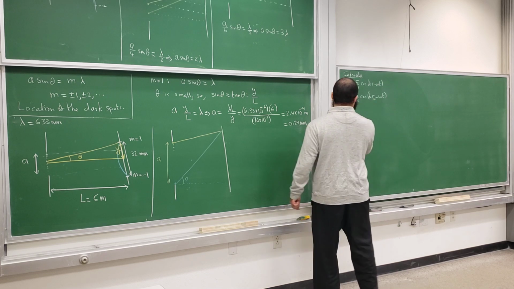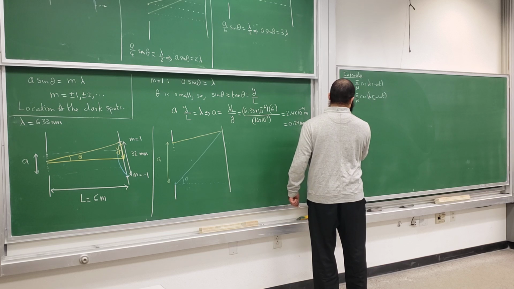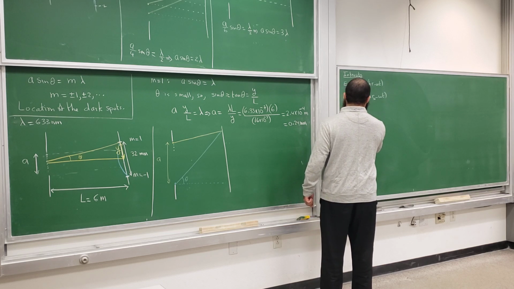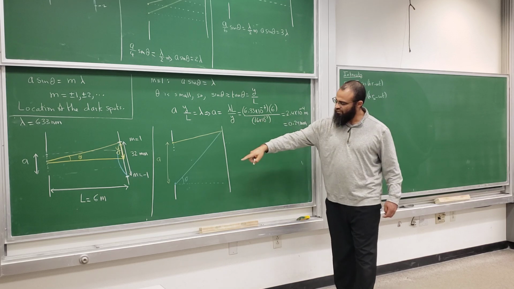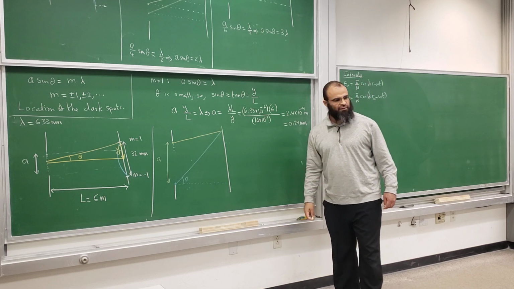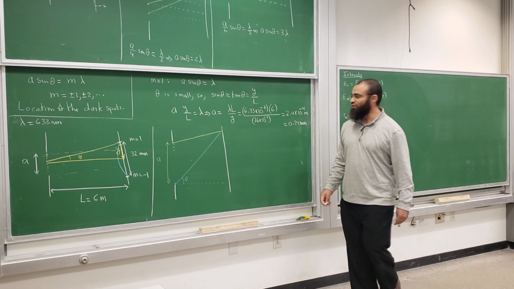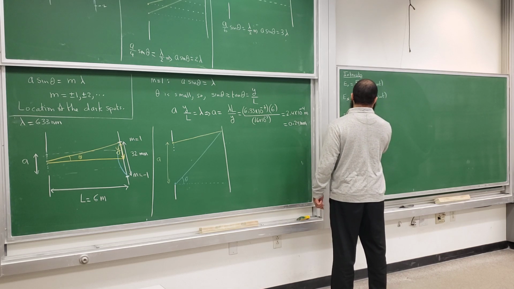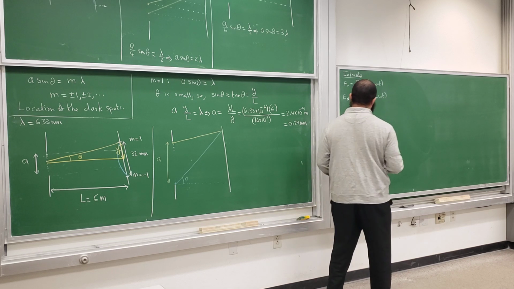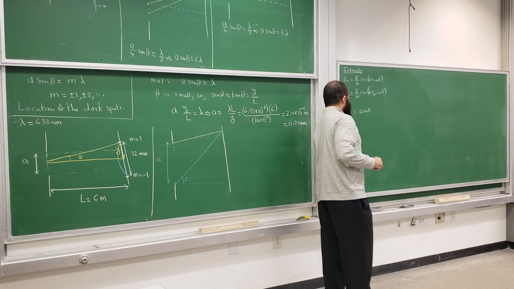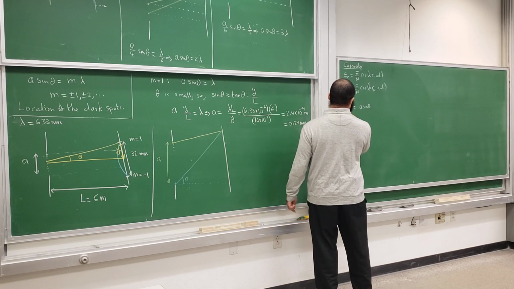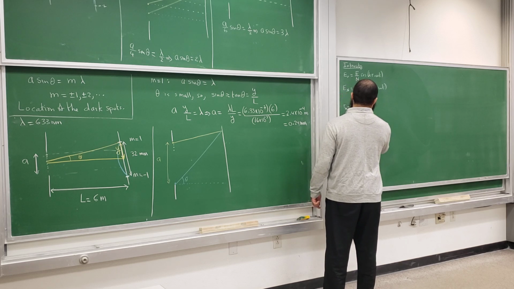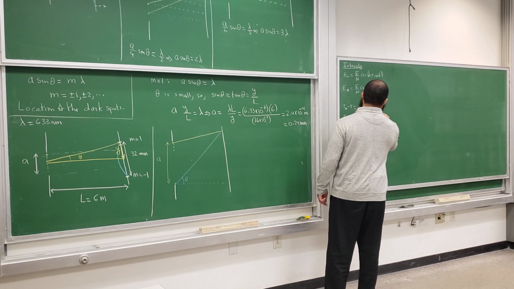But I know that r_n minus r, what's the path difference between the blue one and the yellow one? A sine theta, good. It is A times the sine of theta, right? And so r_n will equal r plus A times the sine of theta.